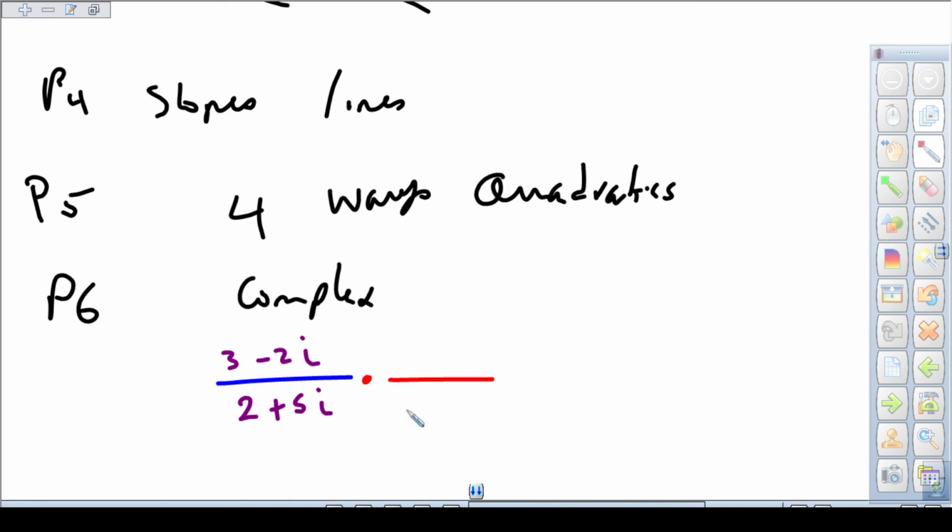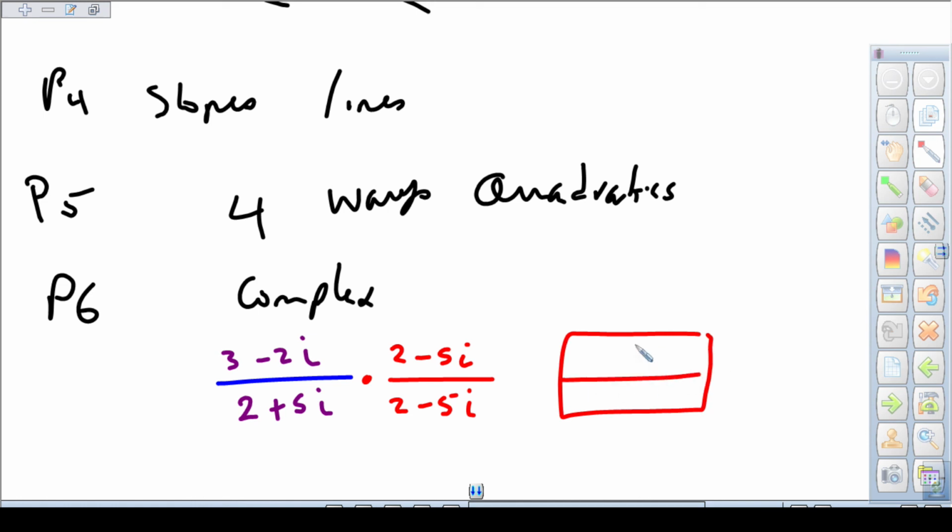Can anybody give me the conjugate of this? Conjugate. 2 minus 5i. And obviously multiply top and bottom by that conjugate. Okay? I would use the box for this. Definitely use the box for the top, box for the bottom. If you do this correctly, you should not end up with any i's in the denominator, because that's why you're doing the conjugate.